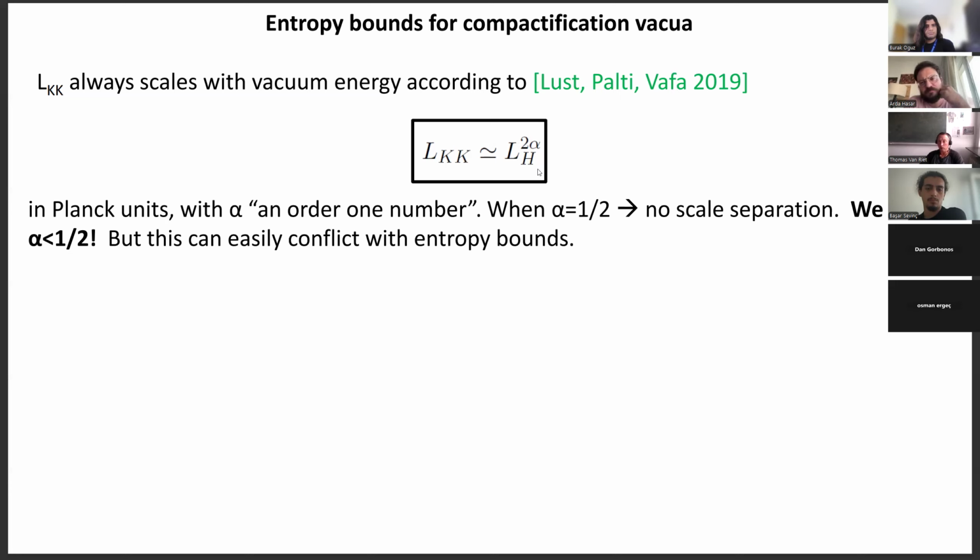And so what am I going to do? I'm going to take my entropy bounds, and I'm going to say L_KK is my inverse UV scale, and L_Hubble is my inverse IR scale. And I'm just going to apply the CKN bound and the CEB bound, the covariant entropy bound.